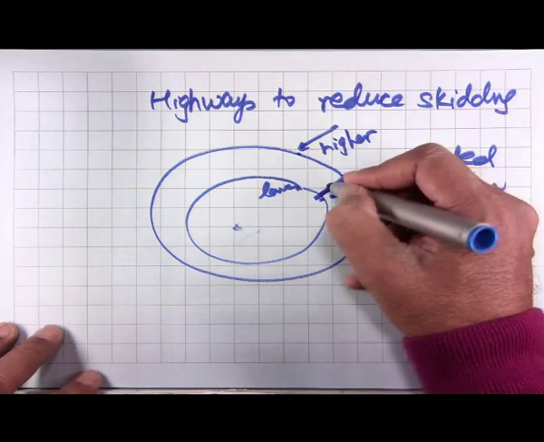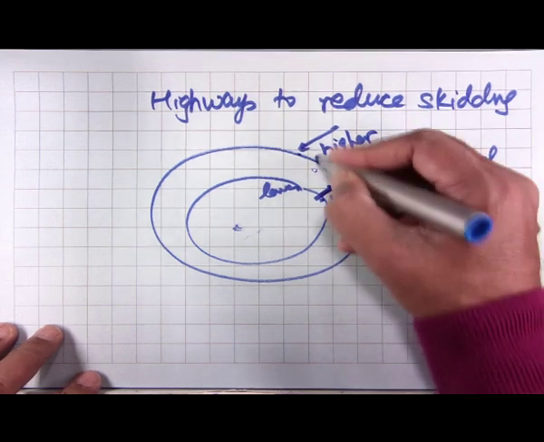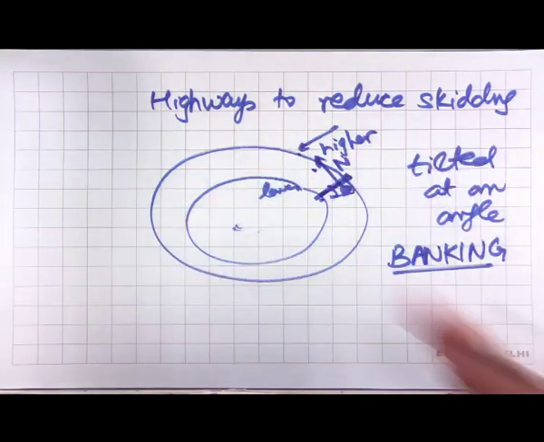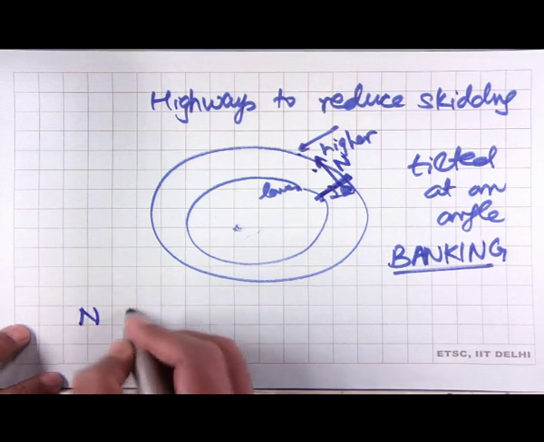And what is the advantage of banking? What will happen now is the normal reaction is not vertical, it is at an angle.